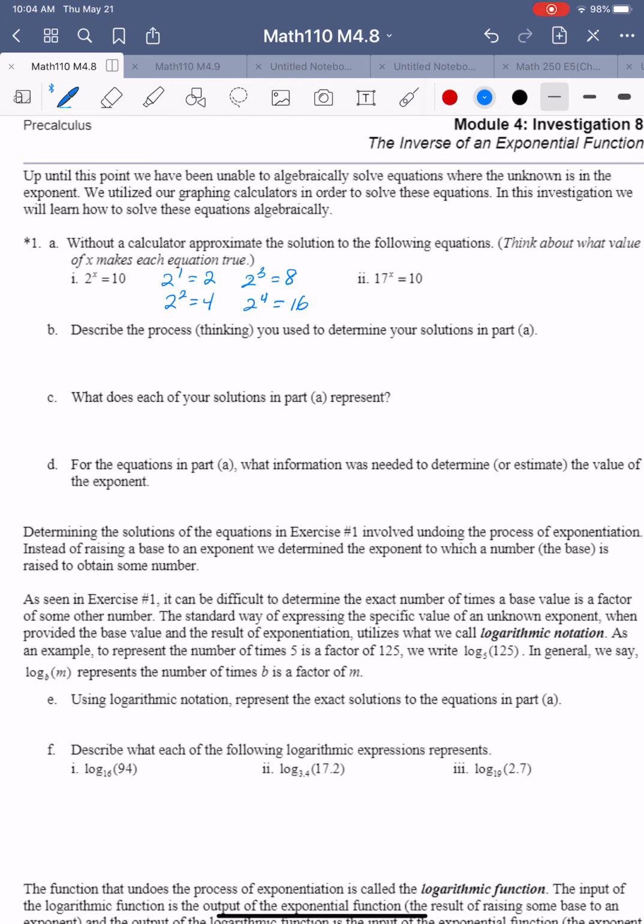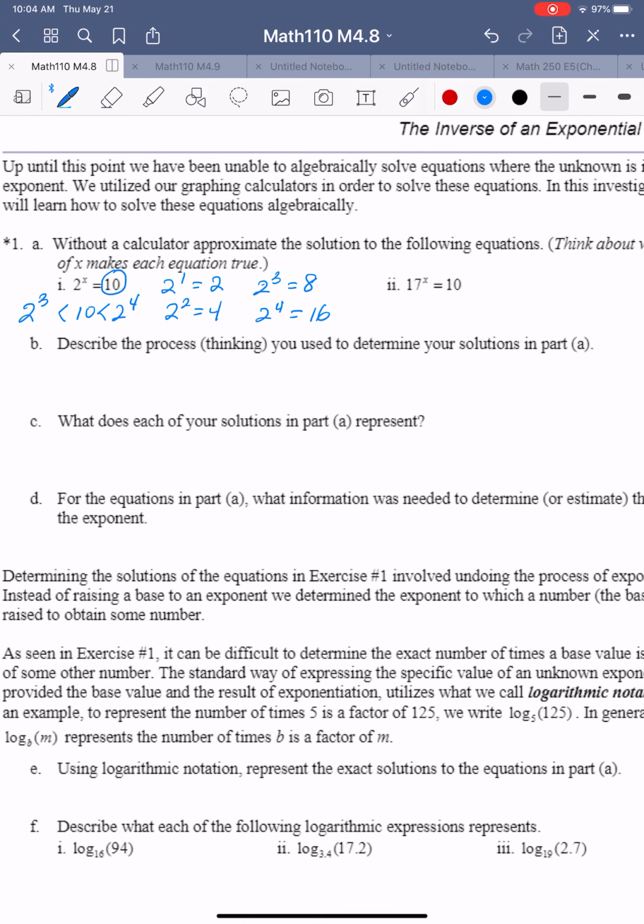So we are looking for 10, which must be between 2 cubed and 2 to the fourth, because 2 cubed is 8 and 2 to the fourth is 16. So I want to say x is about 3 point something. We just need to do the best guess.